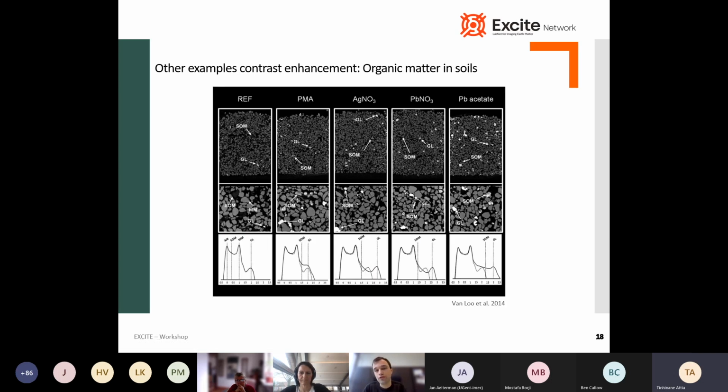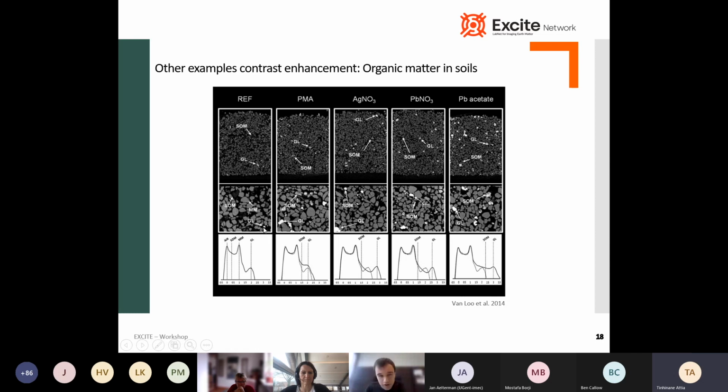Another example, which is quite common in geology, is to distinguish organic matter in soils. Here on the left, you use no contrast agents, and as you see, it's very hard to distinguish the soil organic matter from the surrounding air. The other phases which are visible are the minerals and the glauconite.